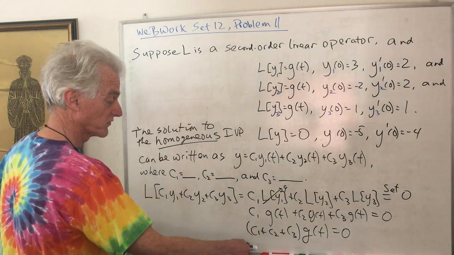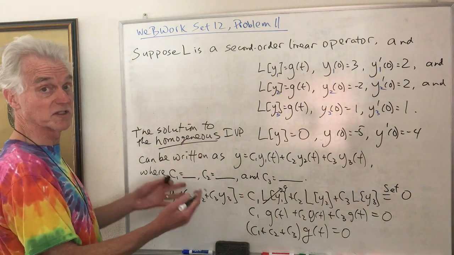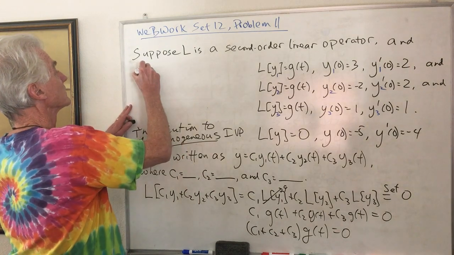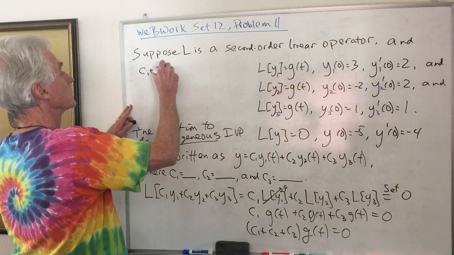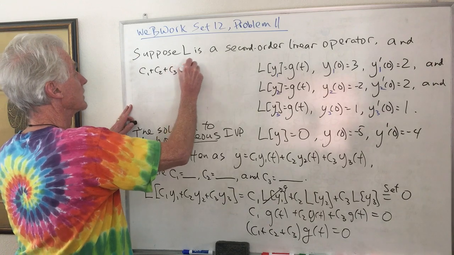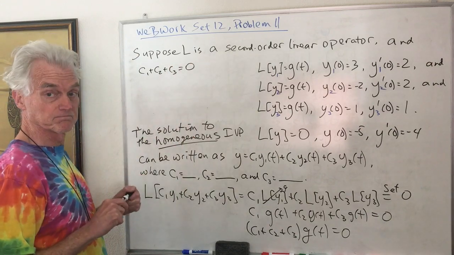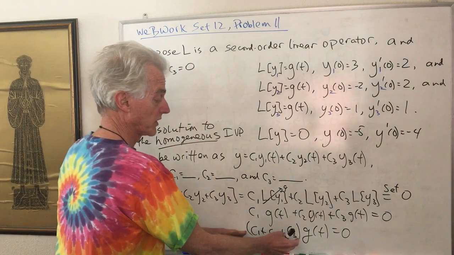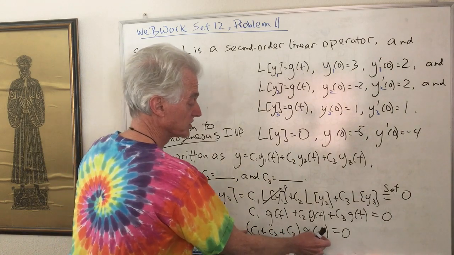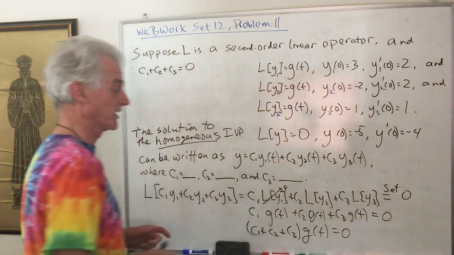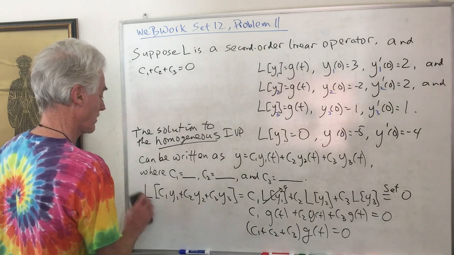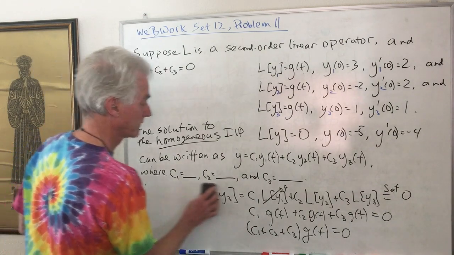Well, that just gives us the first of our three equations for c1, c2, and c3, and that is that c1 plus c2 plus c3 is 0. Right? Because this constant times g of t has got to be the 0 function, so that constant's got to be 0. Okay? All right.